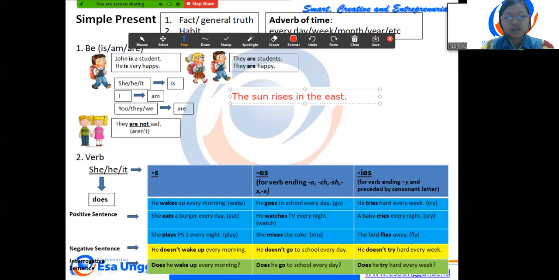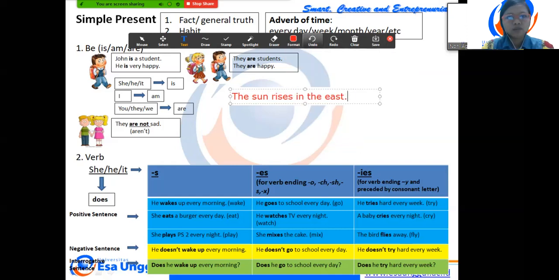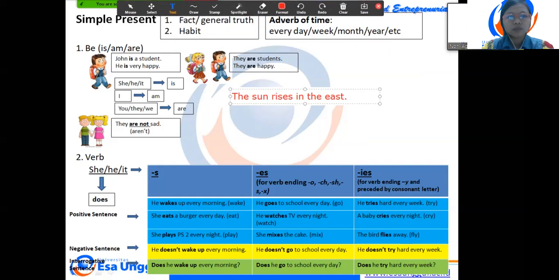It is a fact or general truth. You also can describe or tell the habit using simple present. The adverb of time that you can use for simple present: every day, every week, every month, every year, and so on. In simple present tense, there are two types.